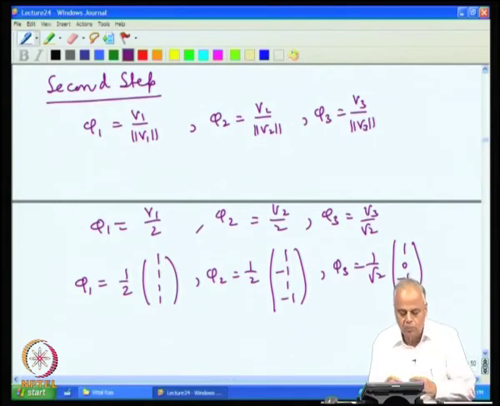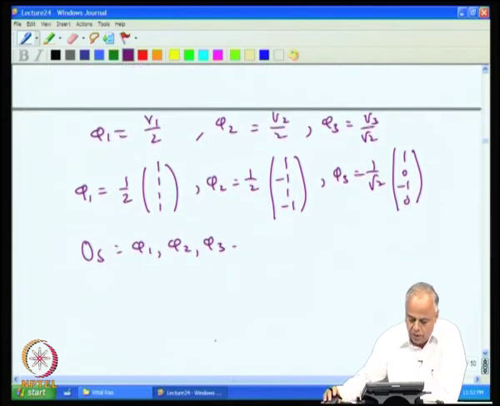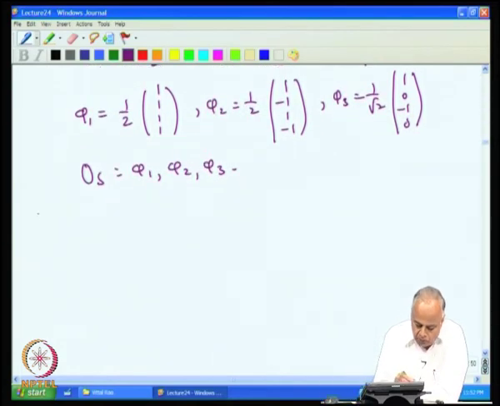So, we have got the orthonormal set required in this case, phi1, phi2, phi3. In this case, the Gram-Schmidt process was simple because the vectors were already orthogonal to each other. Let us look at another example.